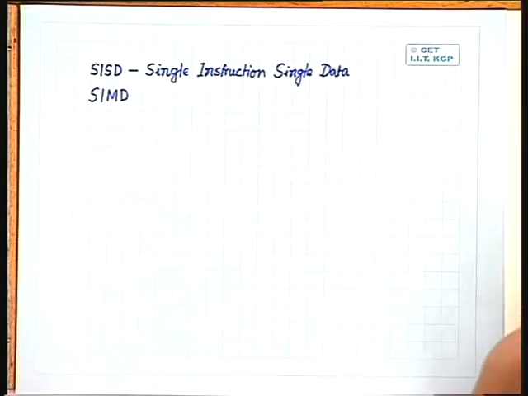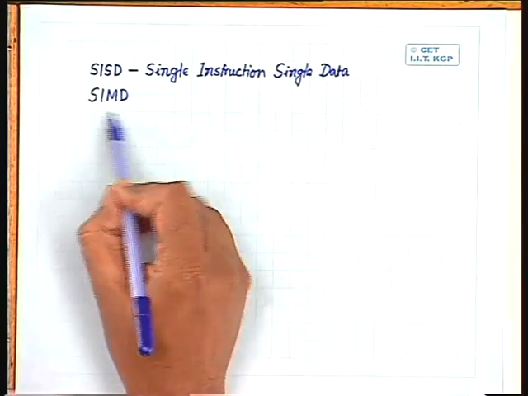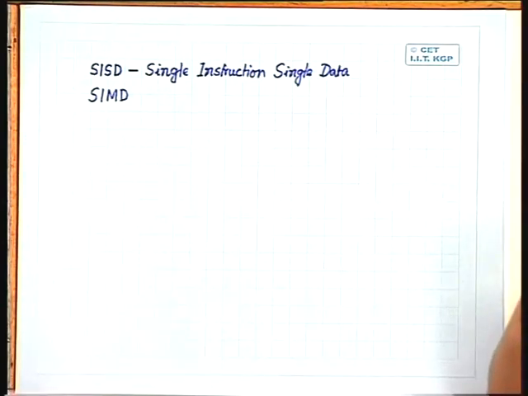Every matrix element represents some intensity value in digitized form, and the same operation has to be performed on every matrix element. For that kind of application, the suitable architecture is SIMD, or single instruction multiple data, because the same operation is performed on different image elements.